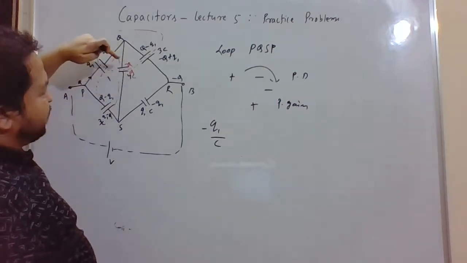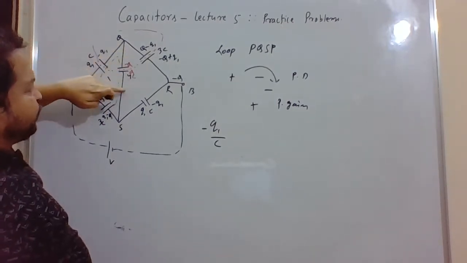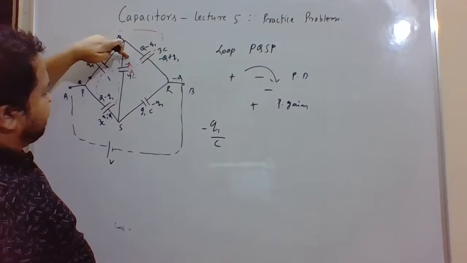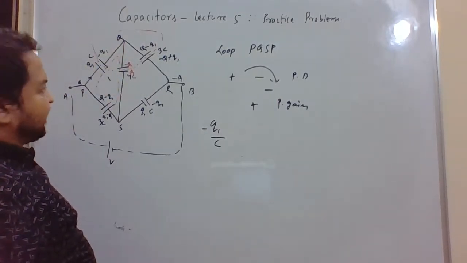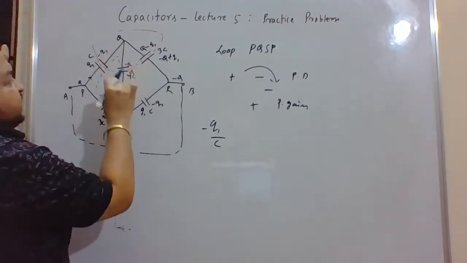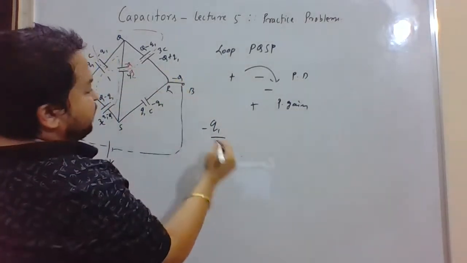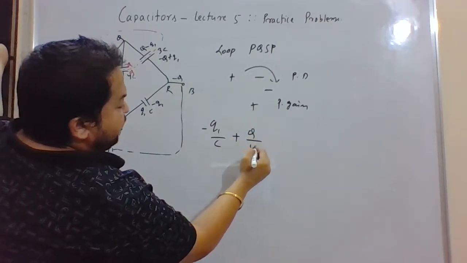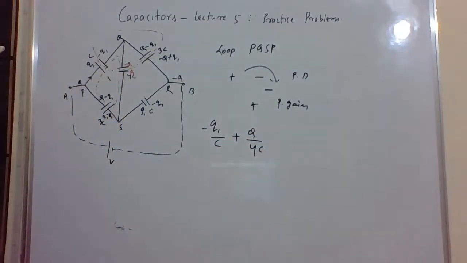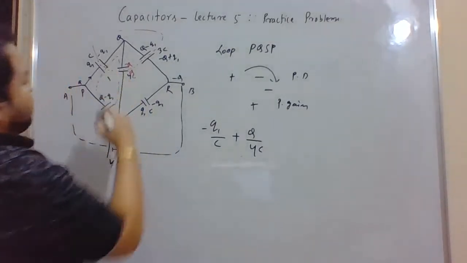Here I am going from negative terminal to positive terminal, so obviously it's a potential gain. The charge appearing there is Q, so plus Q by 4C.